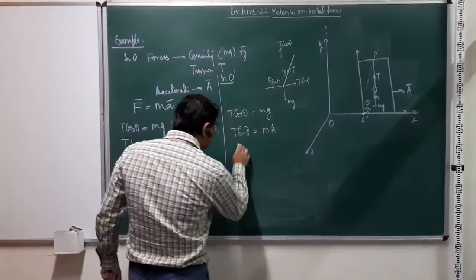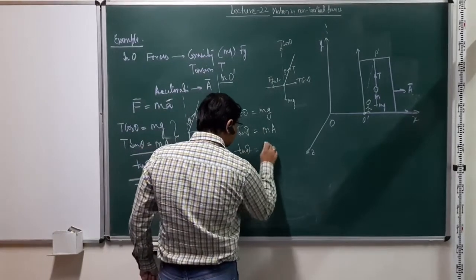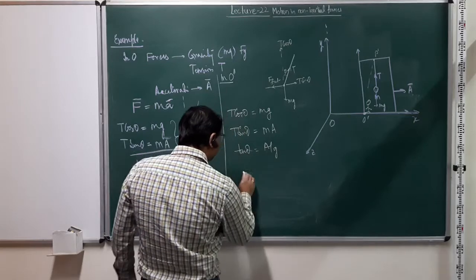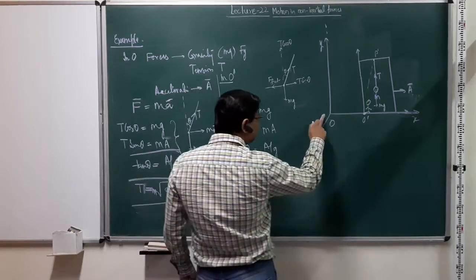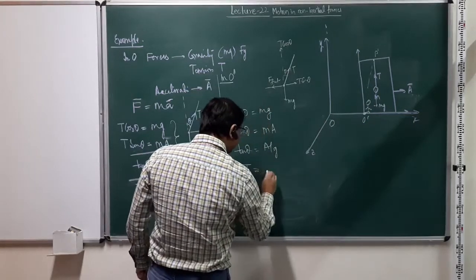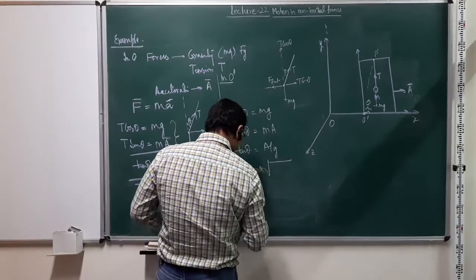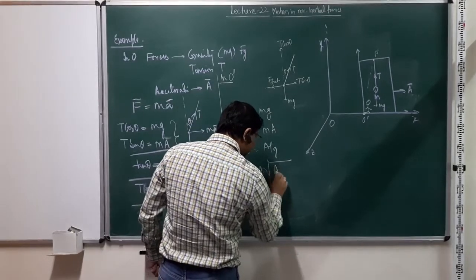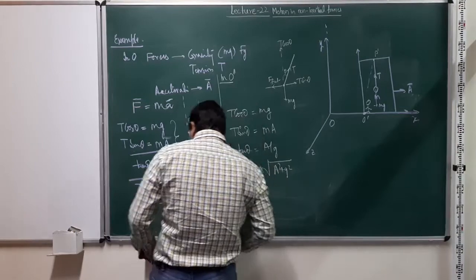So we'll get the same tan theta as a by g. We'll get the same tension, so be it to measure from here or from inside the container, we'll measure the same quantities, square root of a square plus g square, times m.